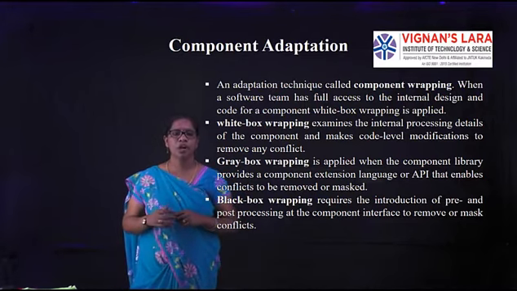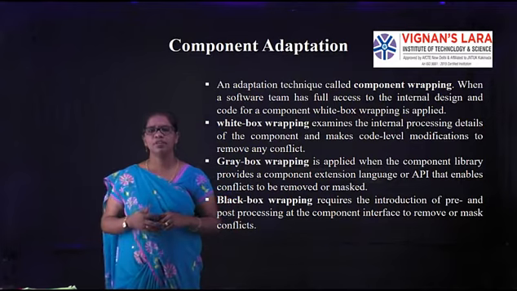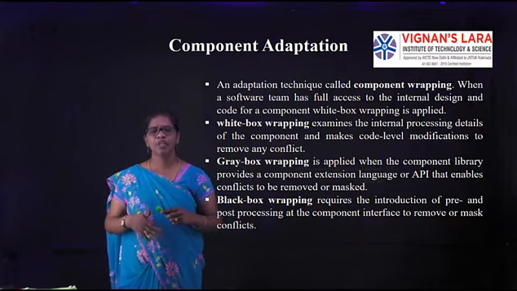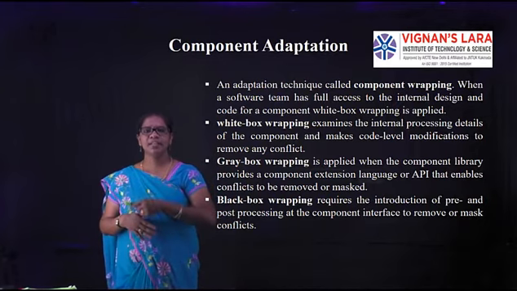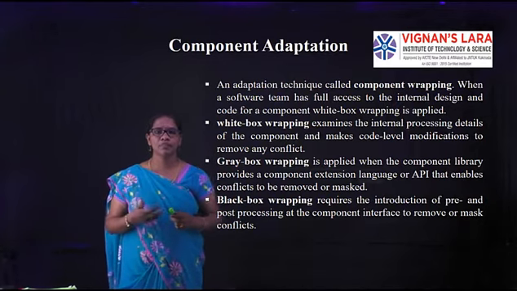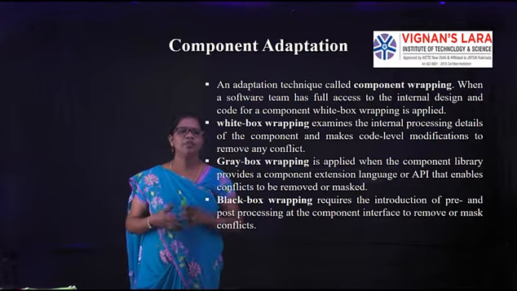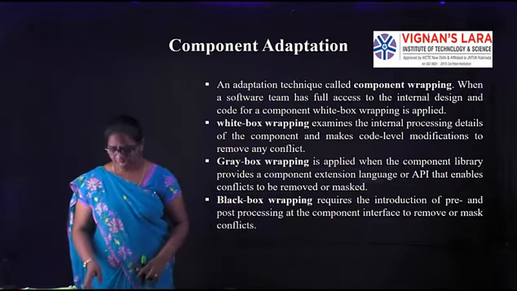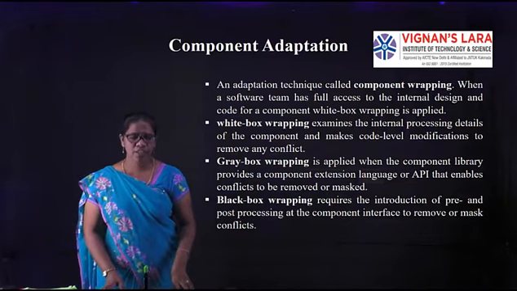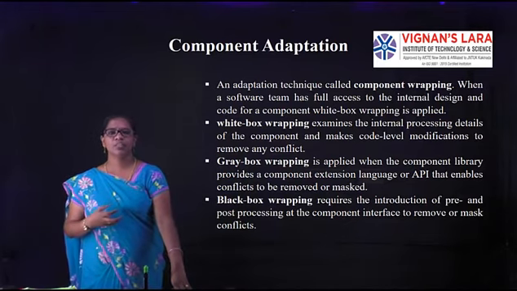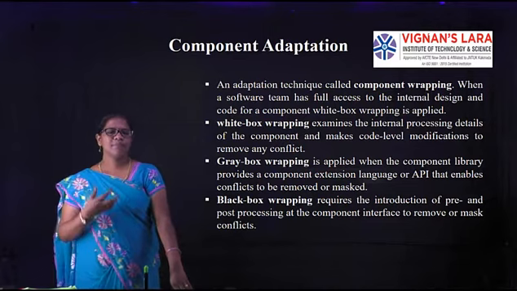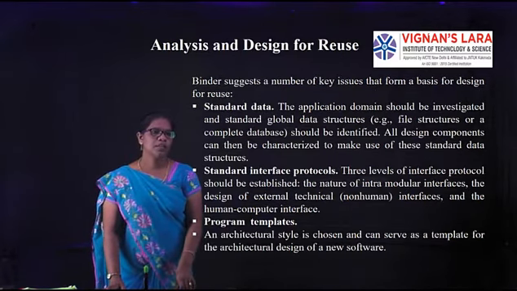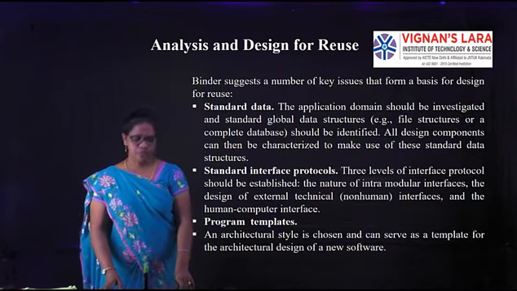If you are going to reuse a component defined in other classes and you get any problem, at that time we use black box wrapping. So these are the different types of wrapping for component adaptation. In order to utilize the reuse of components, we have to know these types of wrapping. And next one is the component analysis and design for reuse.